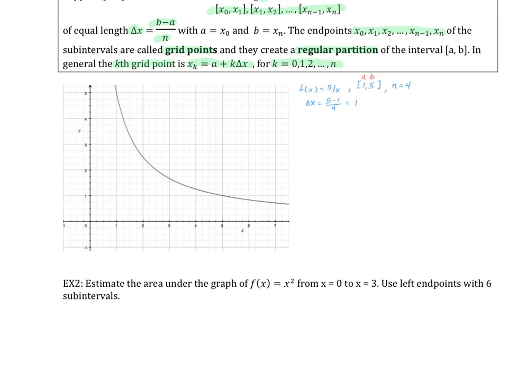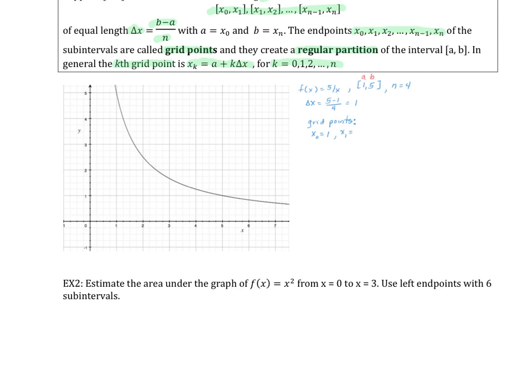So now my grid points are easy to find. We always start with x sub 0, which is our a value. In this case, our a value is 1. Our next grid point, which would be x sub 1, comes from taking our x sub 0 and adding in our delta x.